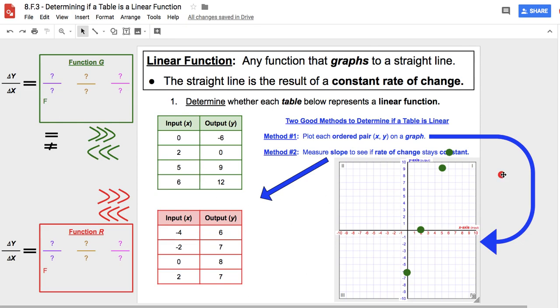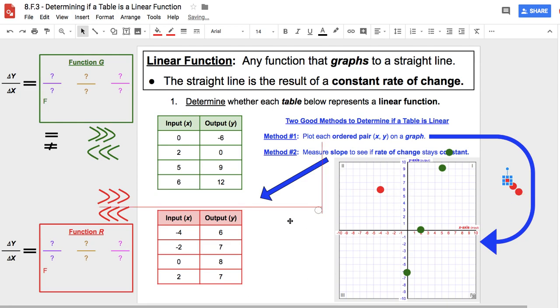We do the same for the table r, or the function r, to figure out if it's a linear relationship. The first point, -4 and 6, I go 4 to the left, 6 units up. That's our first point. -2 and 7, we would go 2 units to the left, 7 units up. 0 and 8, that's our y-intercept, right at 0 and 8.